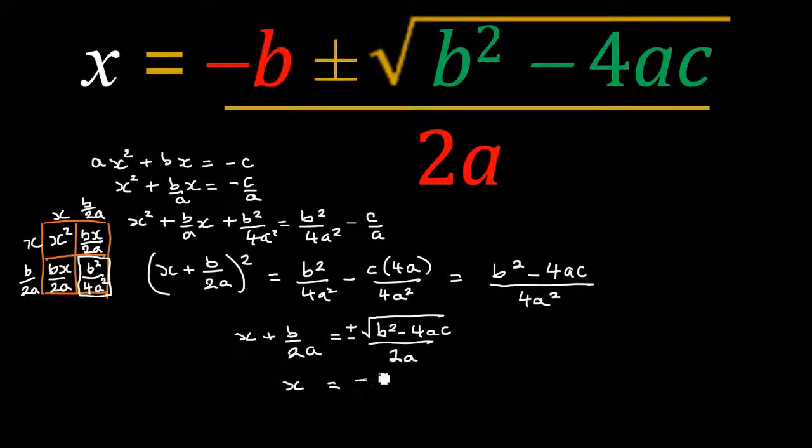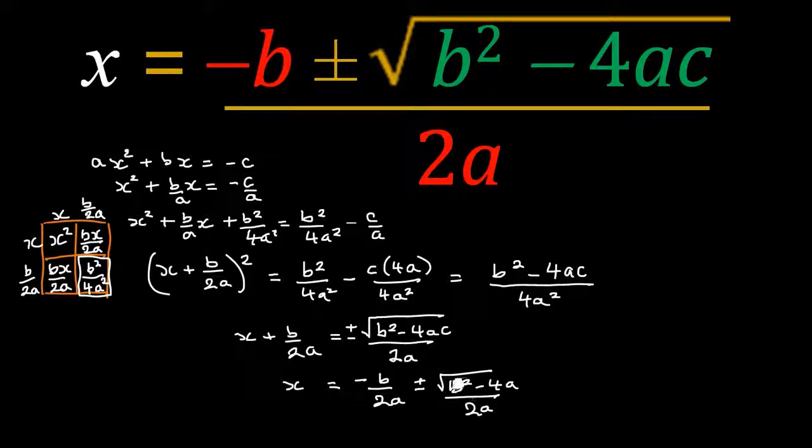So if we bring that over, we've got negative b all over 2a. So x equals minus b all over 2a plus or minus our square root of b squared minus 4ac all over 2a. And so, nicely, we've got common denominators.